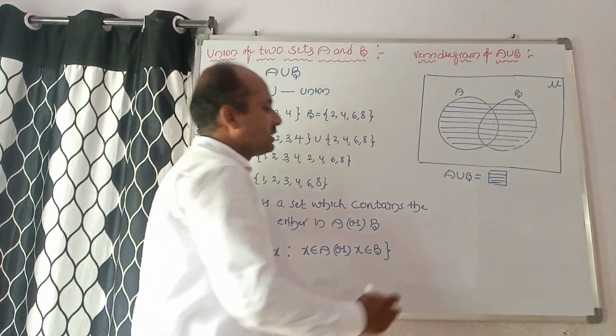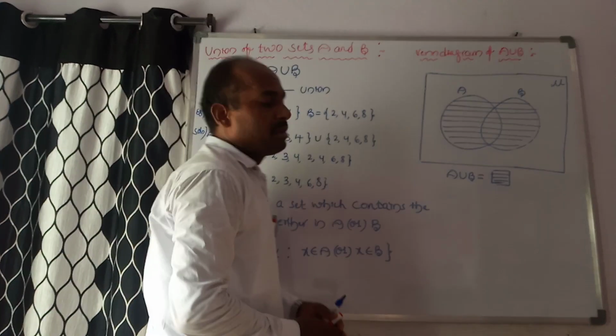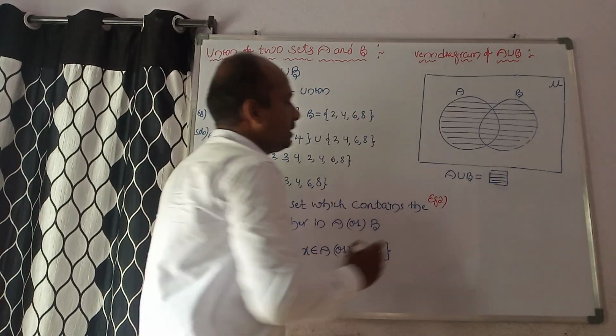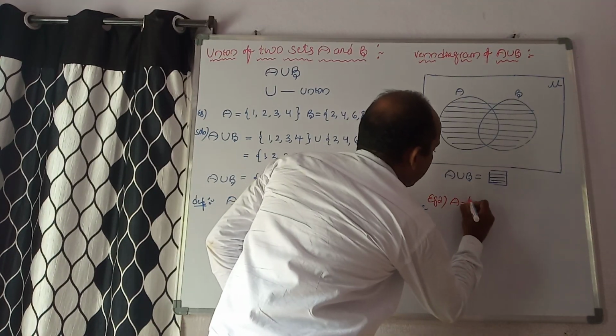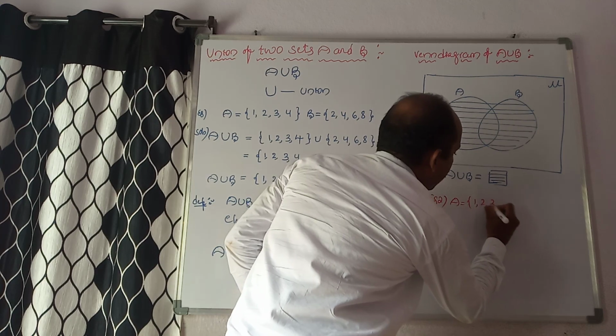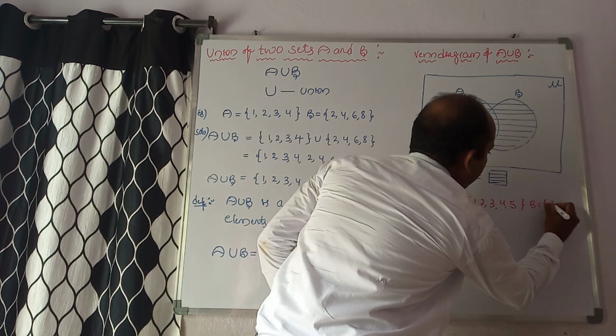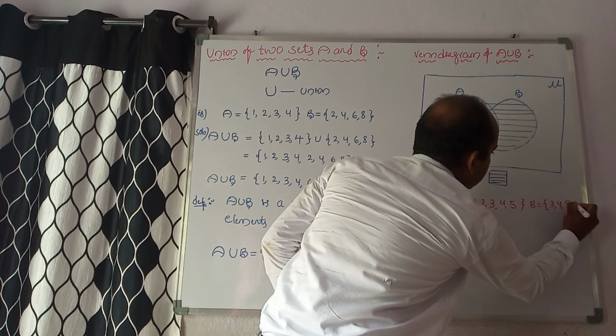See one more example for A union B. Example 2: let A be the set {1, 2, 3, 4, 5} and B the set {3, 4, 5, 6}.